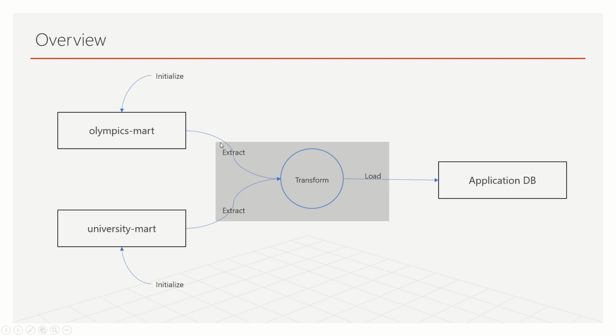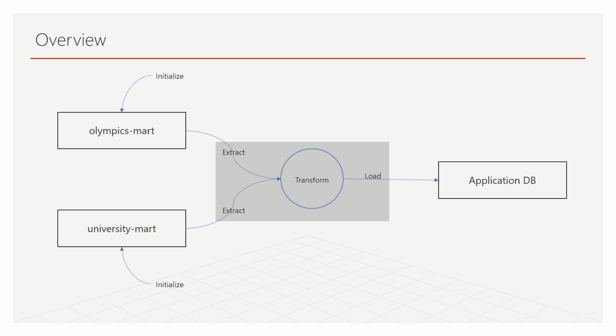So what our scripts will do, they will extract data from these two sources, run a transformation on them, and load that data into an application DB. So this DB is now ready to be consumed by our application directly.